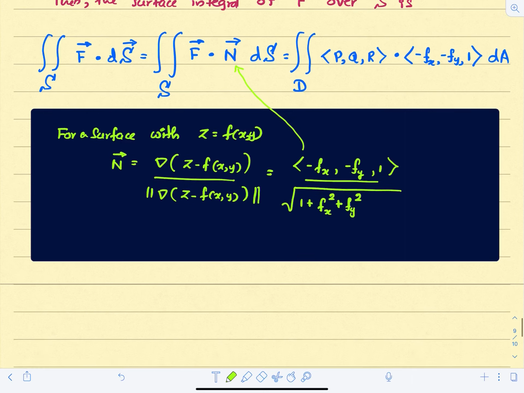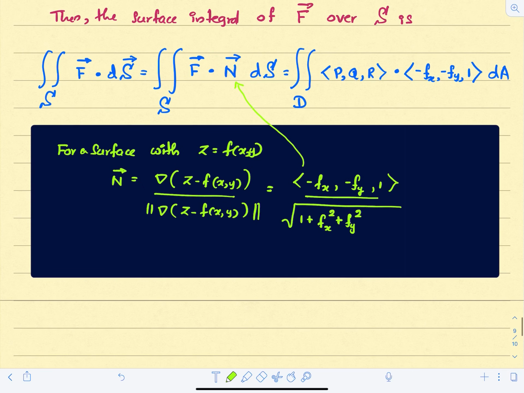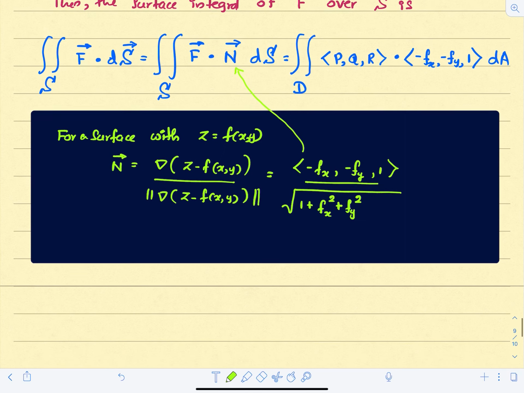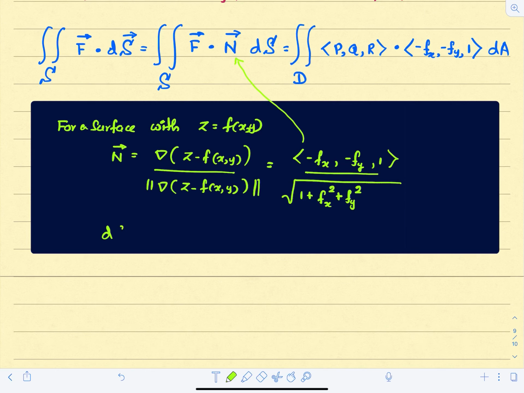Now if you recall the formula for dS, you will get dS equals the square root of 1 plus f sub x squared plus f sub y squared dA over the domain D.